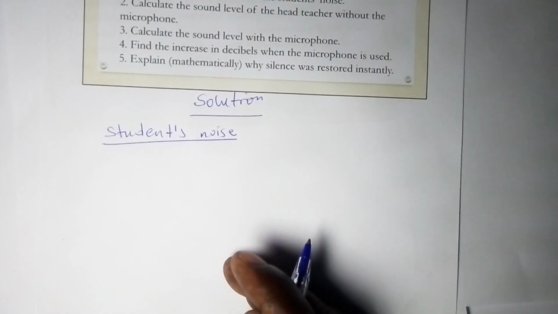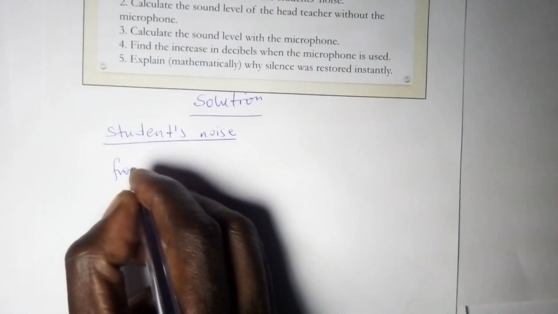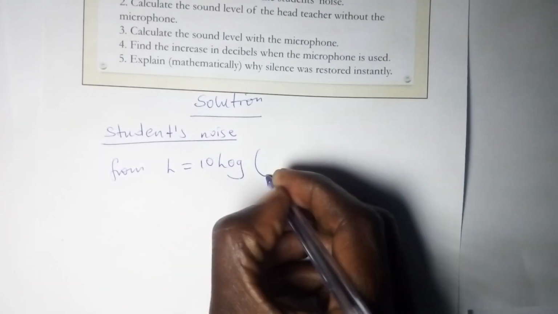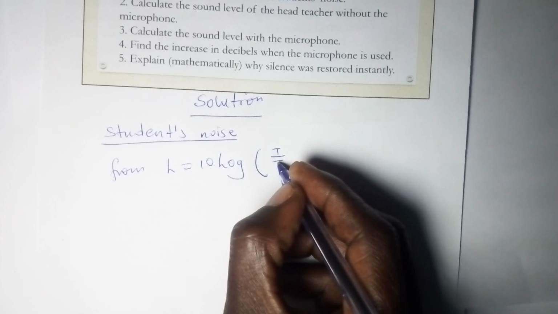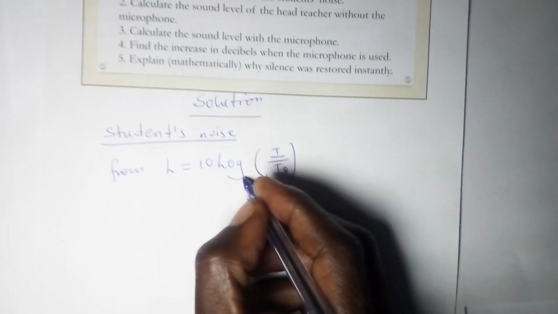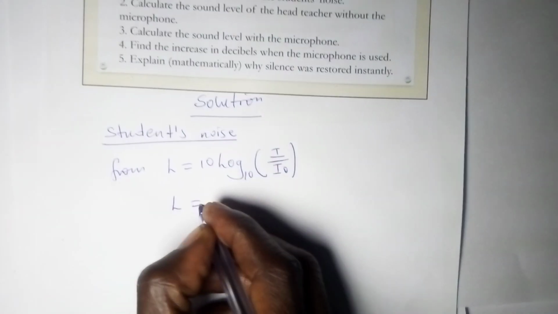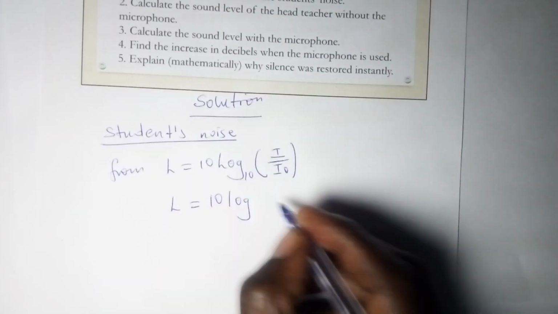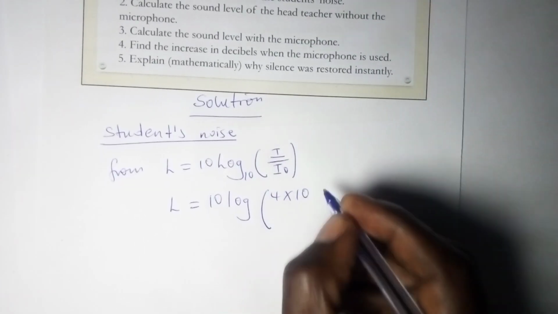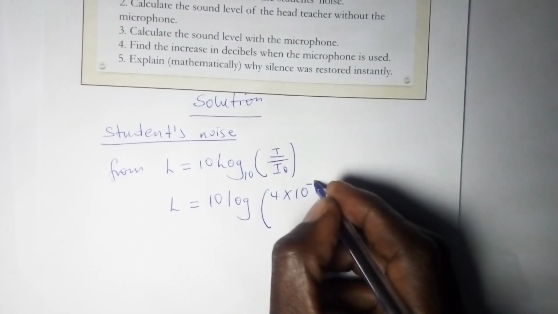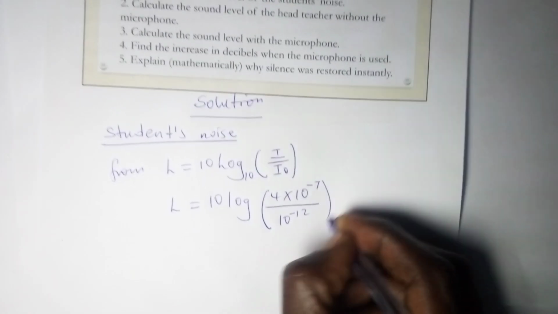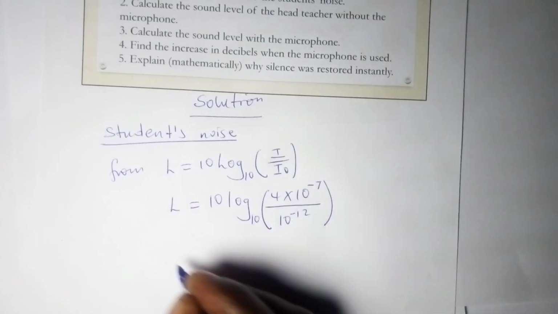We shall have L equals 10 log of I over I naught, base 10. So L equals 10 log of 4 times 10 power negative 7, over 10 power negative 12, the reference intensity, base 10.